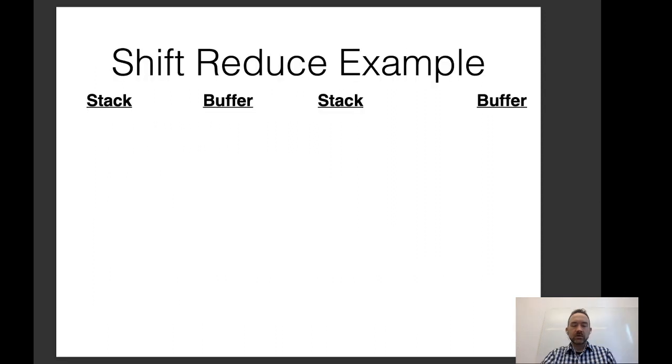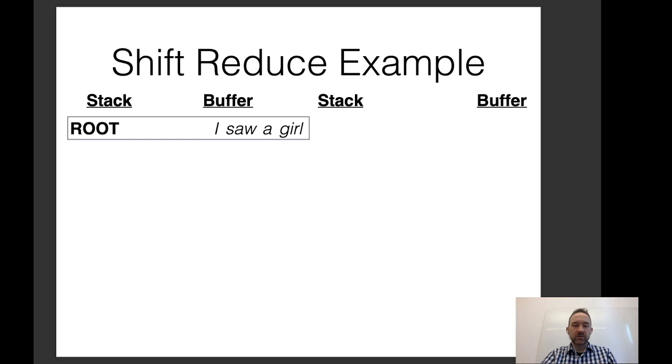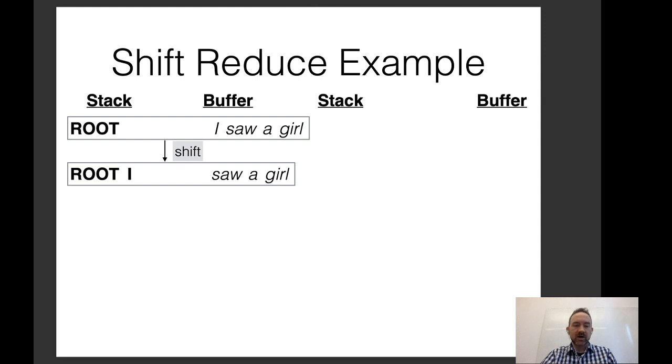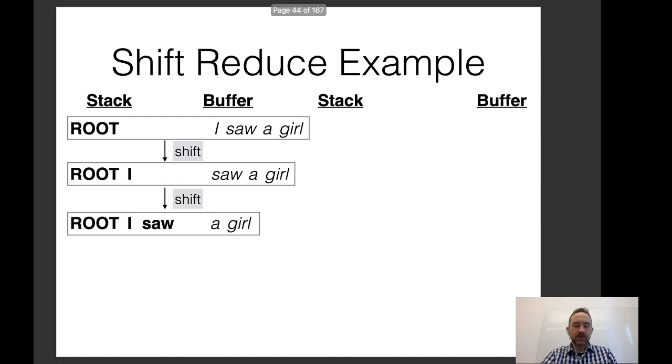Okay, now I'd like to go into an example of this to make it more concrete. Let's say we have on the buffer here, which can also be used interchangeably with the queue, all of the words in the sentence. On the stack, we have the special root token corresponding to the actual head of the sentence. The first thing we do is shift, moving the word I onto the stack. We shift again, moving the word saw onto the stack.